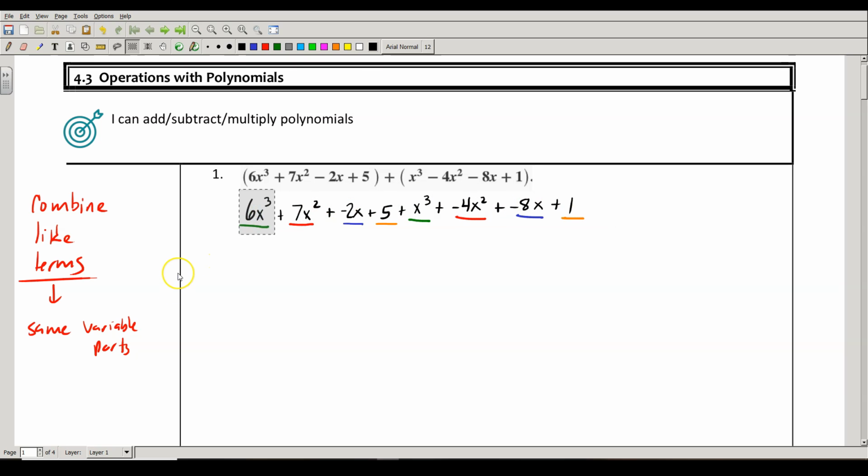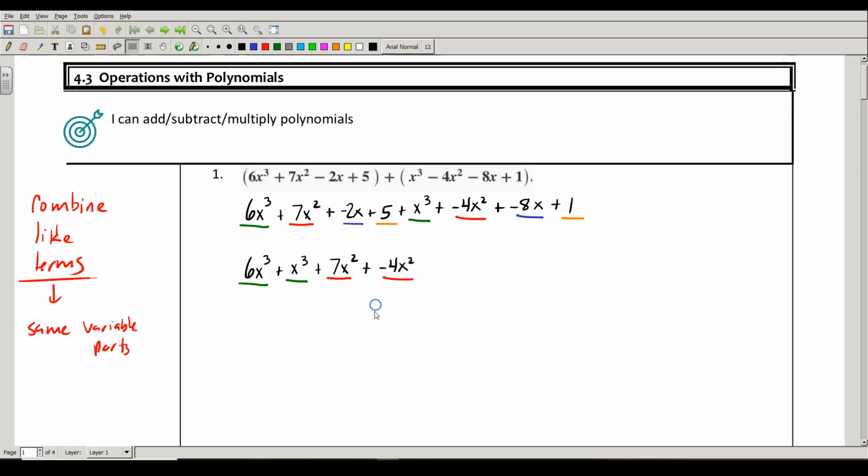It doesn't matter which order I add them in because we're all just adding these terms together. So if I rearrange this, what I mean is I take this x cubed and put the x cubes together, and then I take the squares and put them together.